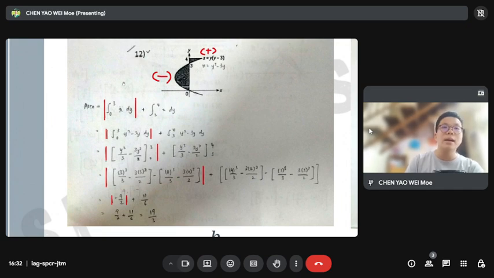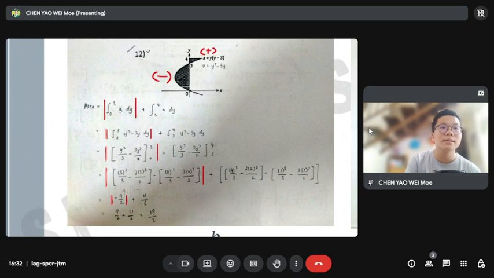And then I do the integration step as usual, but please remember to put the modulus sign. On completing the step, you open the modulus, and you get the answer as a positive answer.